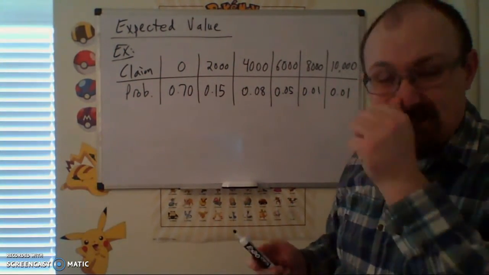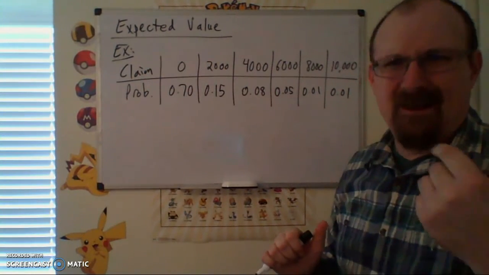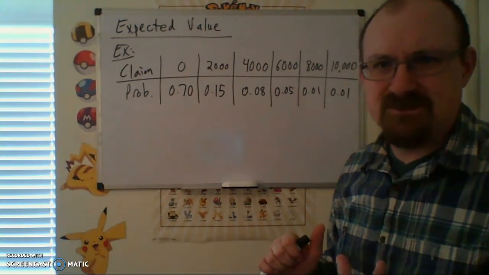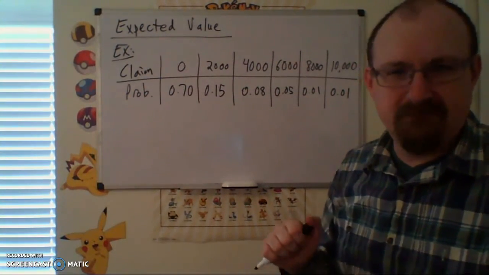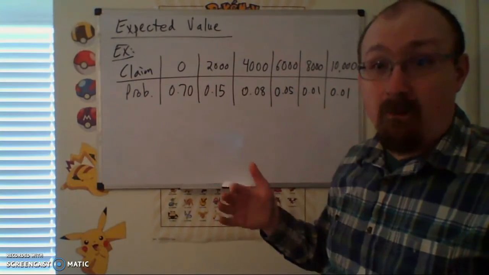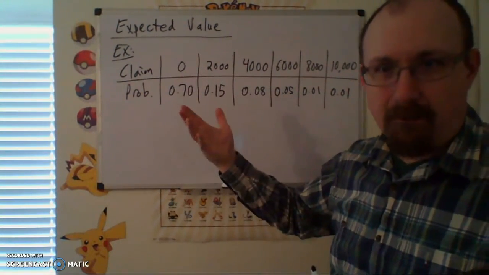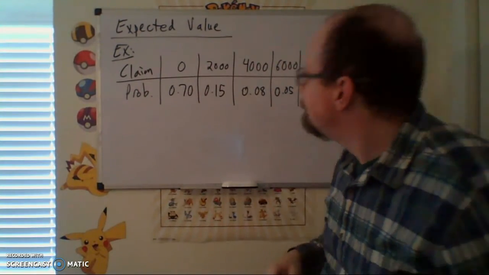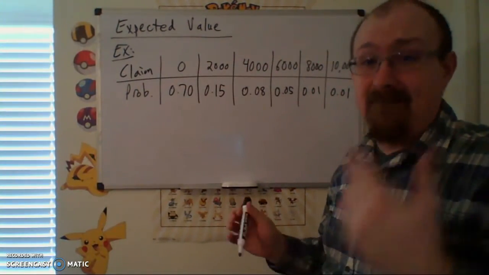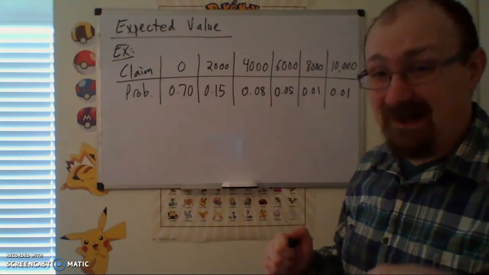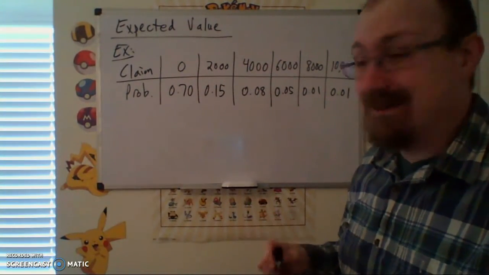The idea is we want to figure out where we need to set a per-term premium. I think it says annual, which feels weird because I'm used to insurance being on 6-month scales, but whatever. They're trying to figure out where to set the premium to break even. Naturally, they'd probably set it higher so they make a profit, but you get the idea. In order to break even, you'd want to set the premium equal to your expected claim value on a policy of this type.